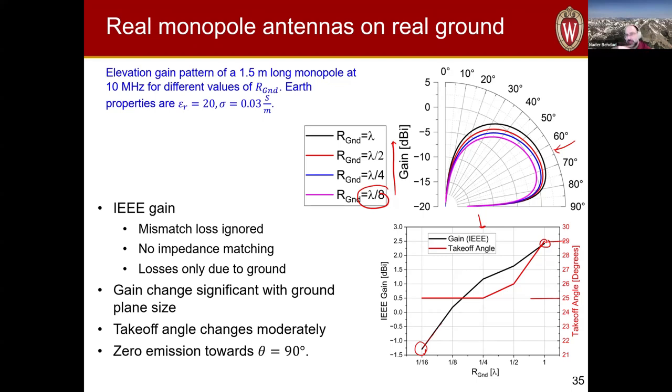So all the other losses of the impedance matching network, reflections, all of those are ignored. It's just the effect of the Earth. So this is showing that even in this case, where we have reasonably good Earth with dielectric constant of 20 and conductivity of 0.3 Siemens per meter, the loss of the Earth plays a significant role in reducing the gain of your antenna.